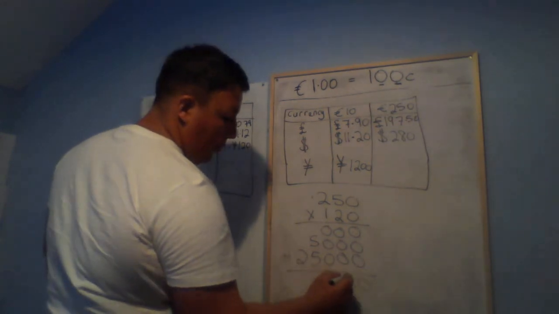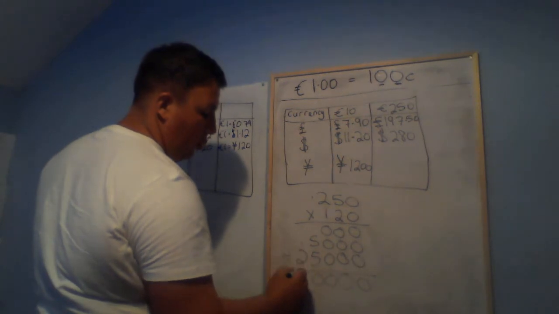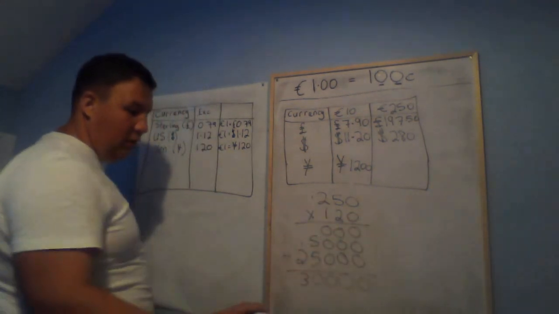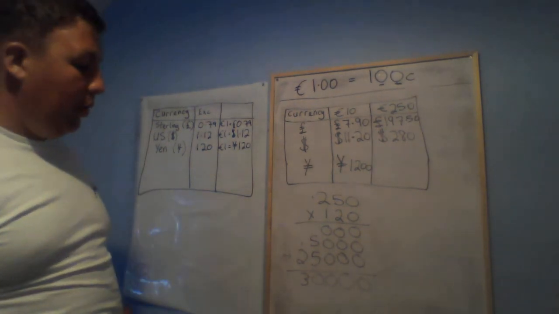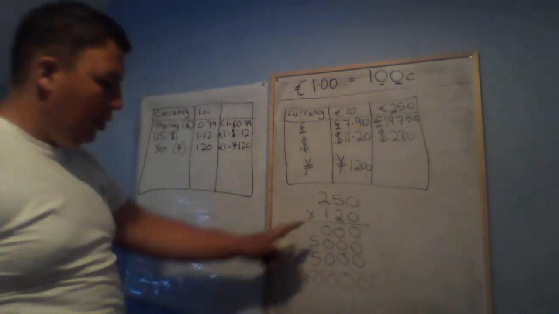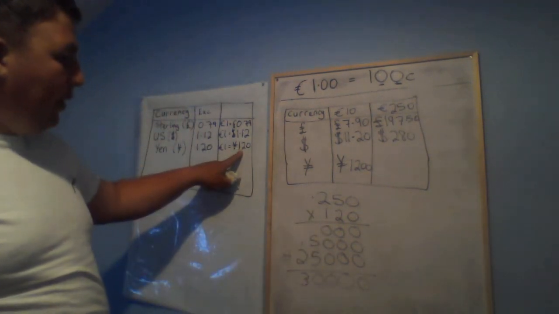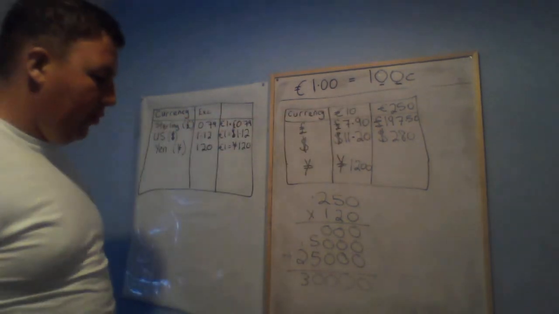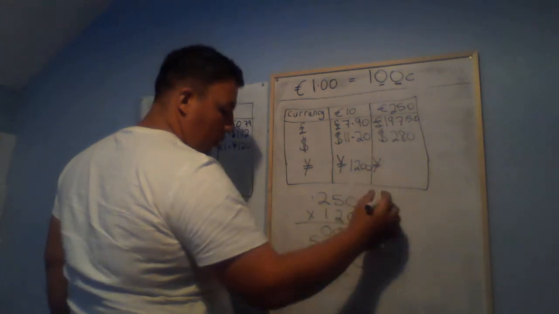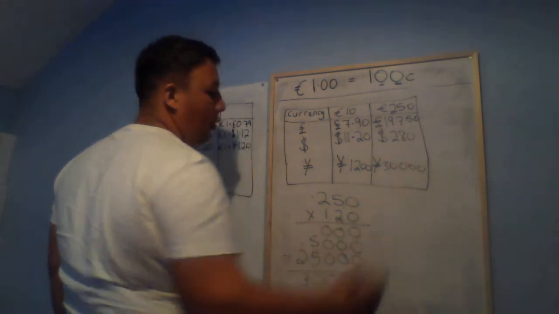Okay, add them up. Okay, now I have no decimal points here, and this is where people might say, okay, have it put in a decimal point. There were 0 decimal points in my question, there's none here, and there's none in my €250, so I don't need any here, alright? My yen sign, 30,000 yen. Okay.